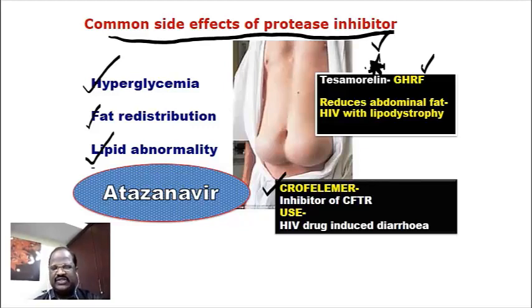CFTR means cystic fibrosis transmembrane regulator. So CFTR blocker is useful for treatment of HIV drug-induced diarrhea. That finishes some general information regarding protease inhibitors.